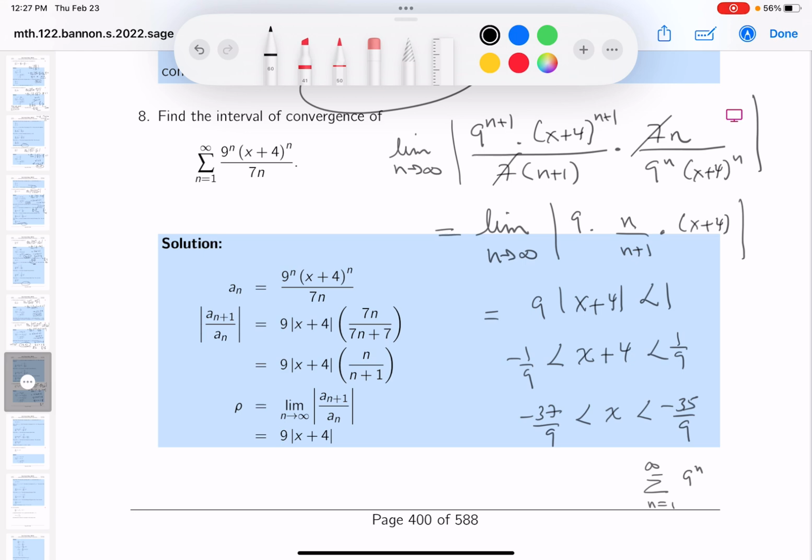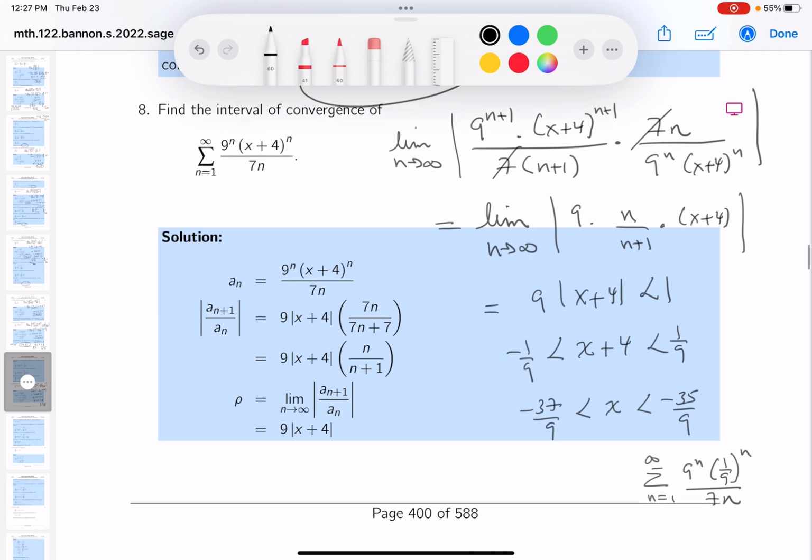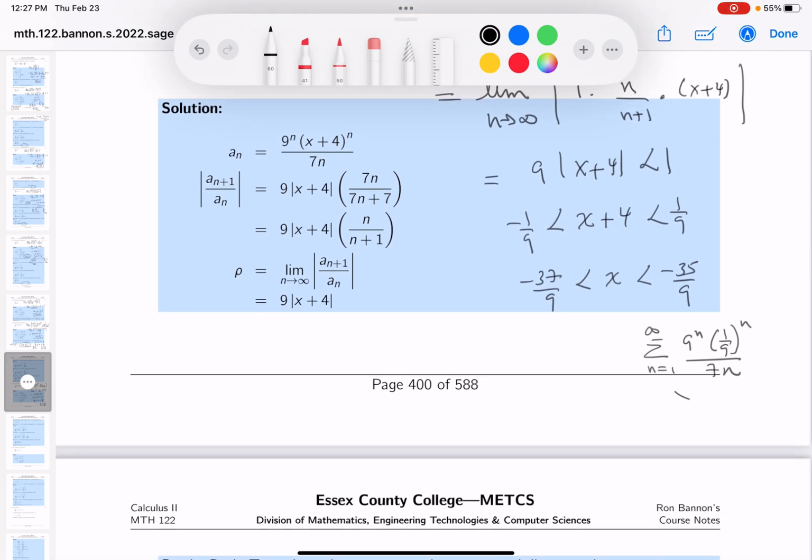So what do you get there? 4 is 36 ninths, so you get 1/9, and that's over 7n. Now, what do I know about that? The top number is just the number 1. So really, what am I getting? I'm getting a divergent harmonic series. So this is divergent, so I'm not going to include that.